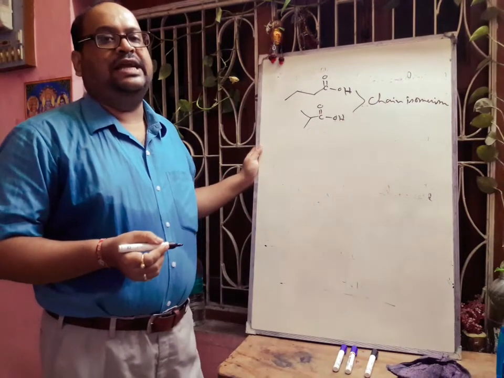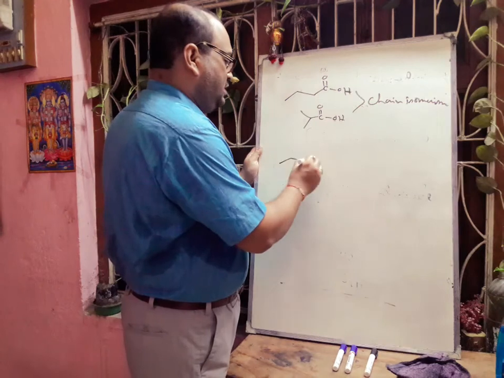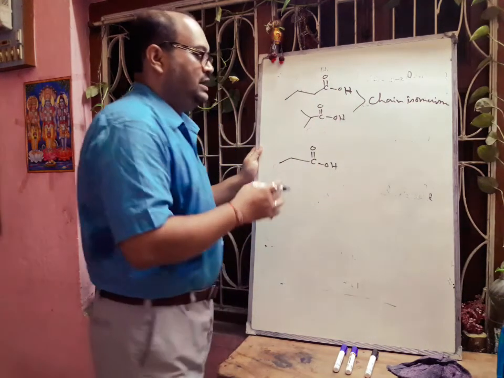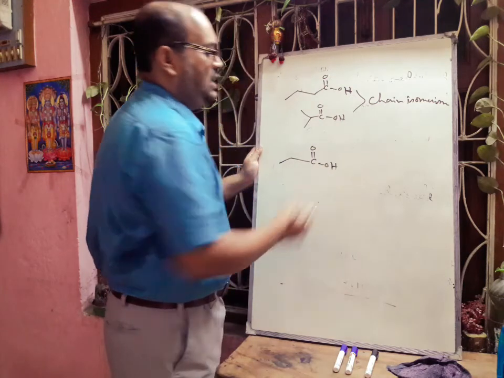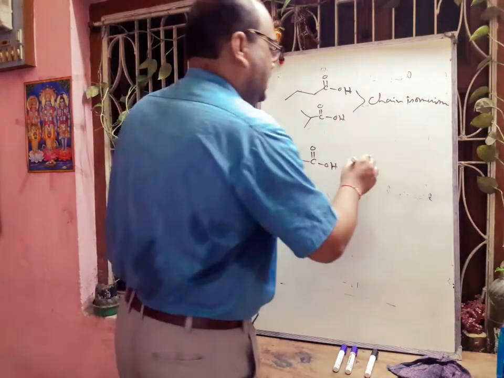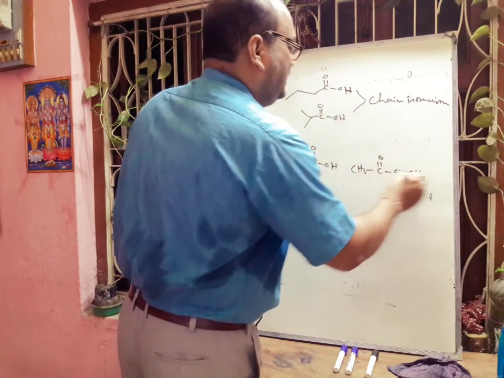Next, we can discuss functional group isomers. Suppose we think about propanoic acid, and with the same molecular formula we can draw the ester, that is methyl acetate.